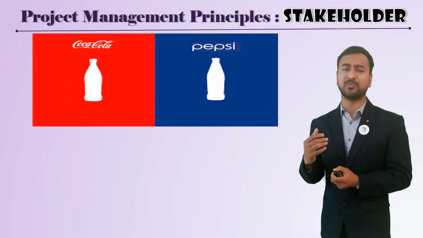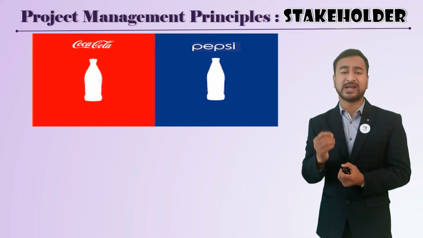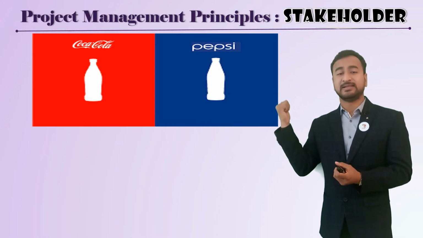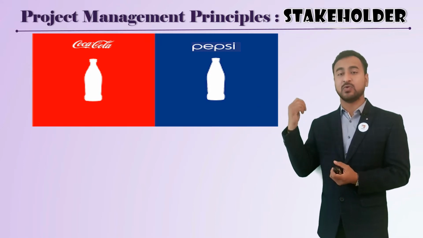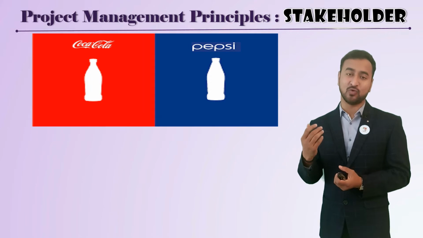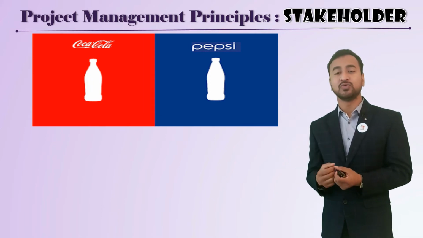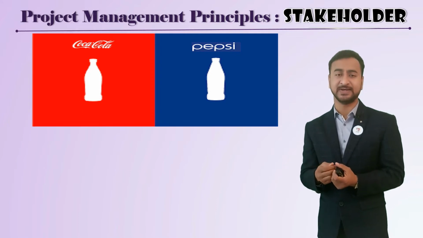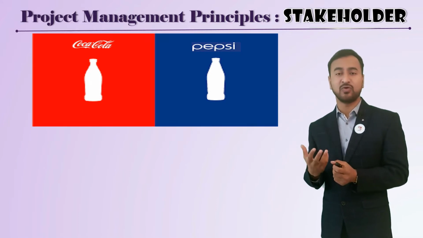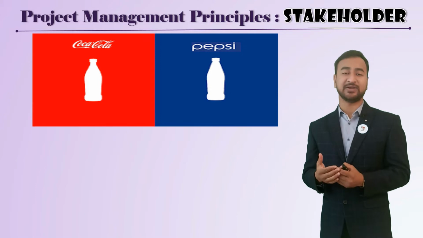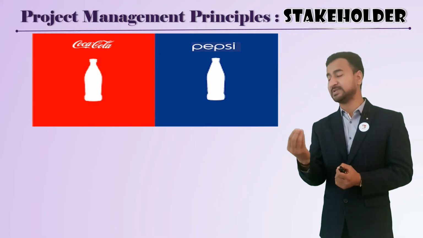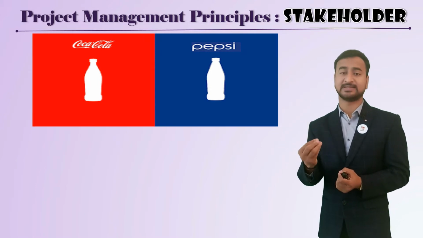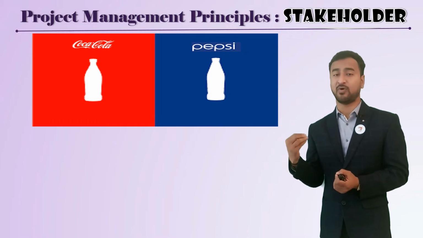I want to give an example with two competitors. Let's consider that PepsiCo wants to launch a new soft drink in the next financial year. Who are the stakeholders in this entire ecosystem? Their clients, their investors, the workers and so on.